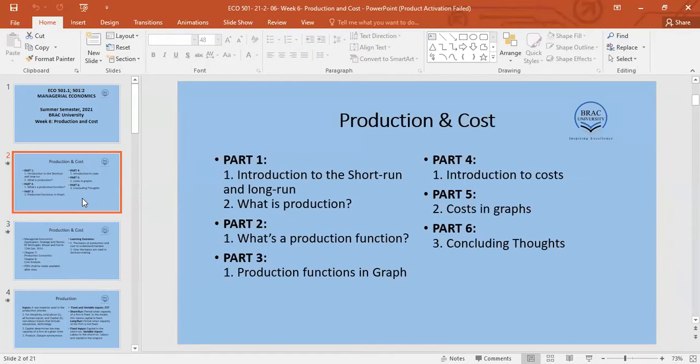In part 2, we'll look at the production function. It's a little bit mathematical, in the sense that we'll just try to visualize the function. Then we'll look at the production functions in a graph. After that, we'll look at how costs are defined in economics and how they look visually. And then we make some concluding thoughts.